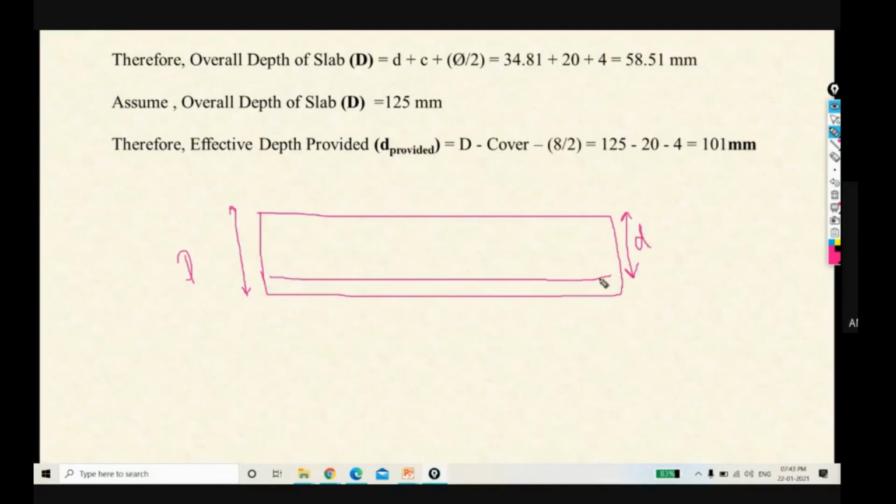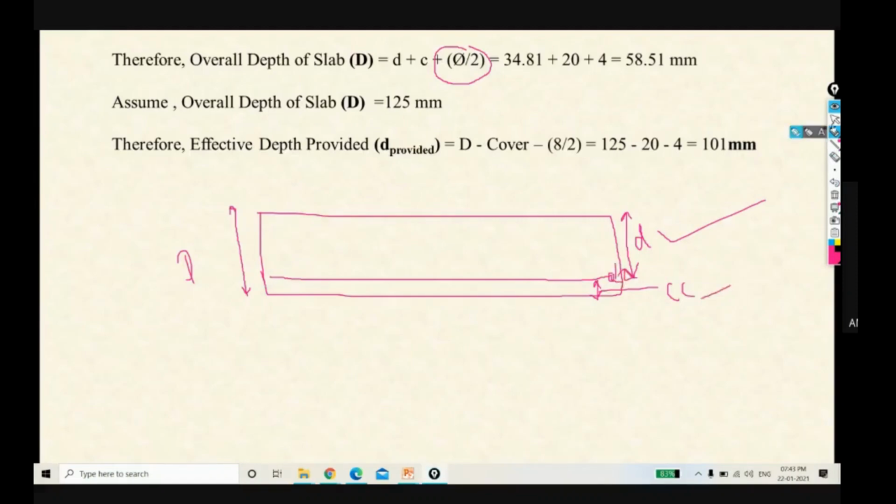And then clear cover is from the bottom of reinforcement to the extreme bottom of slab. Now half of reinforcement is remaining, so this half of reinforcement we have to consider. So this is the formula to calculate the overall depth: capital D equals small d plus phi by 2 plus clear cover.